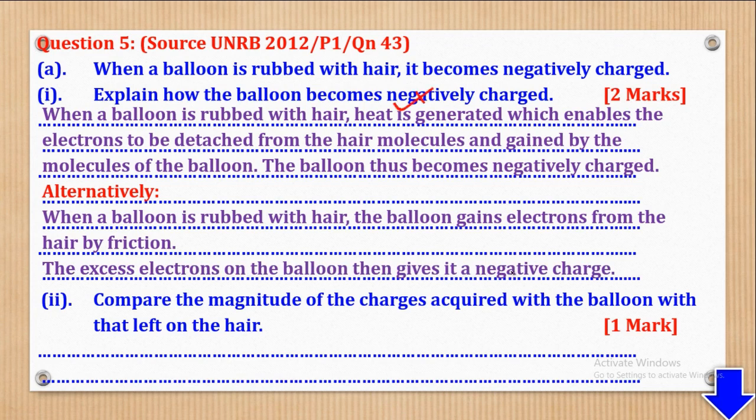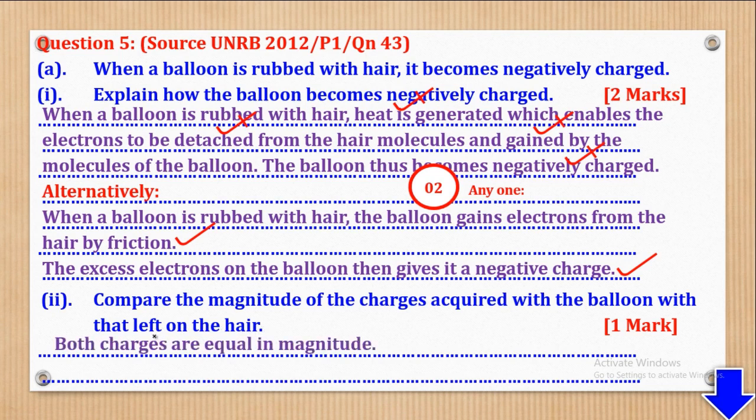So basically that's what they wanted, and now let's see how marks can be awarded. For the first explanation, that's how the 2 marks could be got. What about the second explanation? That's how you could get the 2 marks for any one of the explanations. Now let's go to Roman 2. Roman 2 says, compare the magnitude of the charges acquired by the balloon with that left on the air.